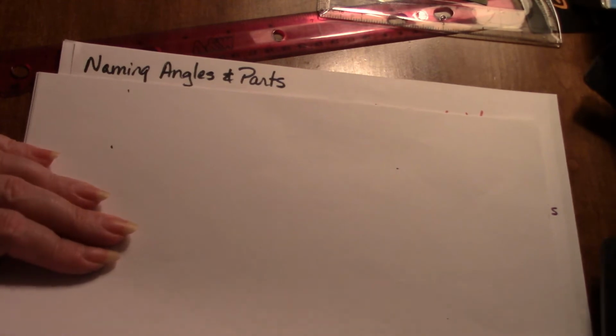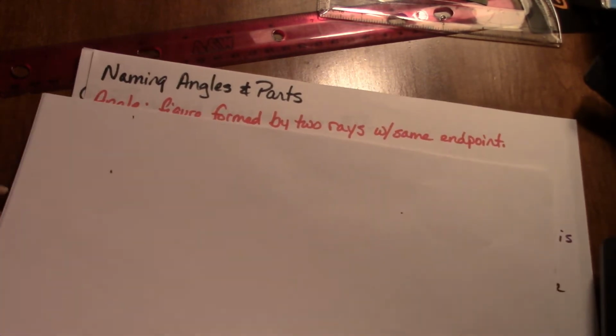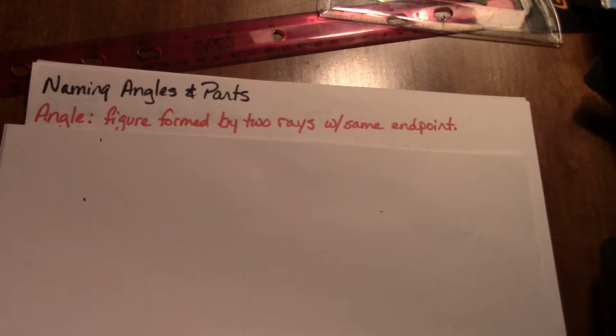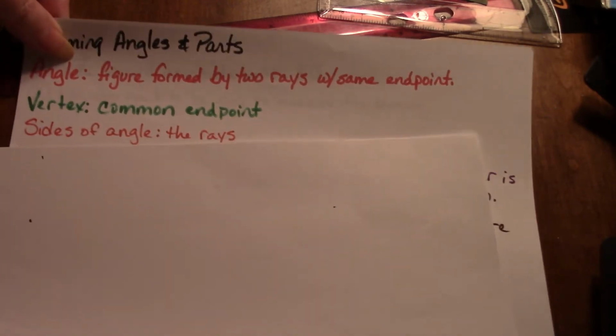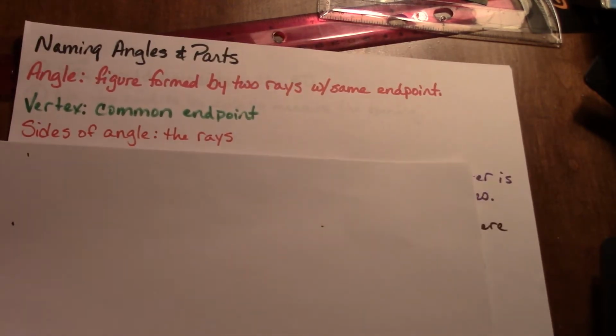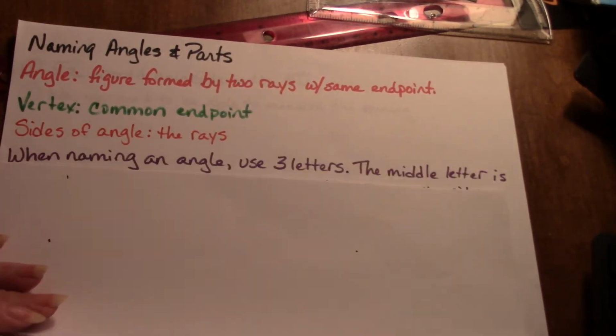Next we have naming angles and parts of an angle. So again, we have some vocabulary. An angle is a figure formed by two rays with the same end point. A vertex is the common end point. The sides of the angle are the rays. They are called the sides of an angle.